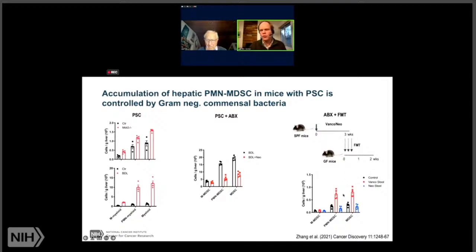You can see that this has a significant impact on the number of myeloid-derived suppressor cells. In the lower right corner, if we treat mice with stool from vancomycin-treated mice, there's a significant increase, and we don't see this with the stool samples derived from neomycin-treated mice.